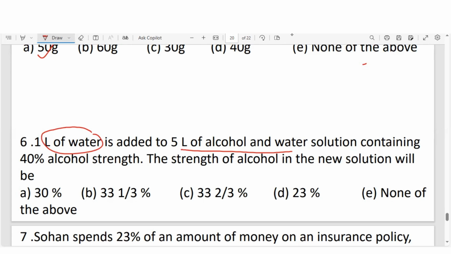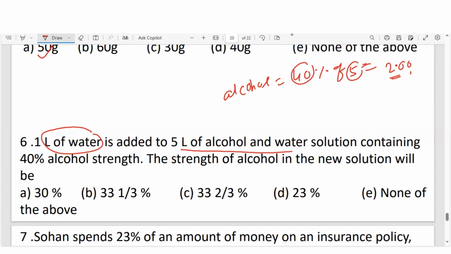We can find how much alcohol is there. Alcohol is 40%, so we find 40% of 5. The technique is to just multiply both numbers and put a decimal after two digits. 4 fives are 20, so 200, and with the decimal it is 2. That means the alcohol is 2 liter.